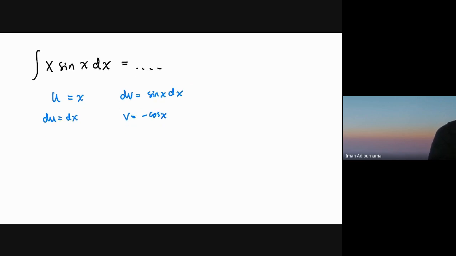So we can write down the setup for our integral: it becomes minus x cos x minus v du, which is minus cos x dx, or this will be minus x cos x plus sine x, plus c.